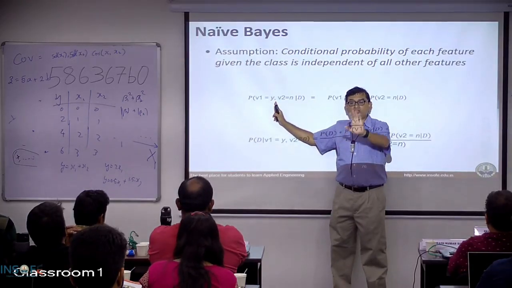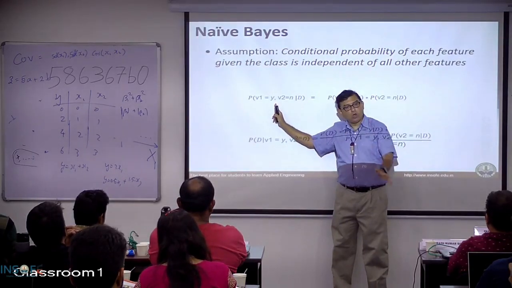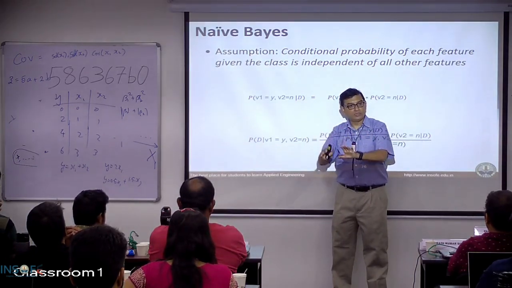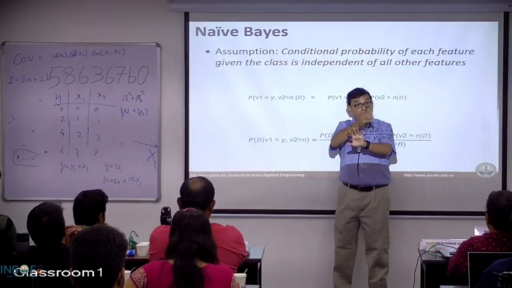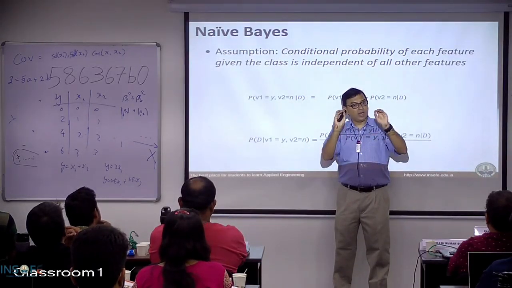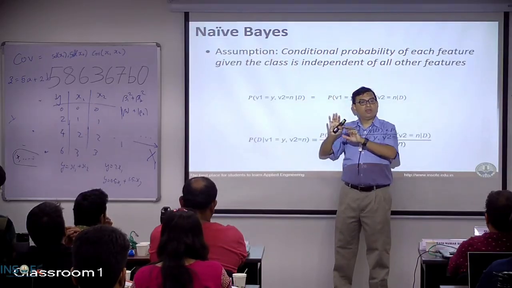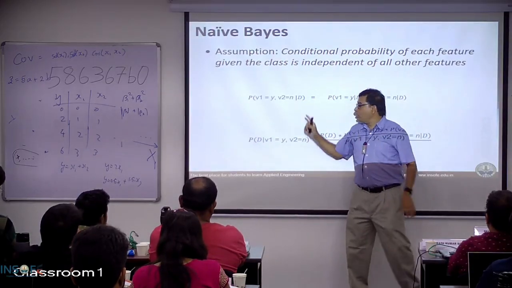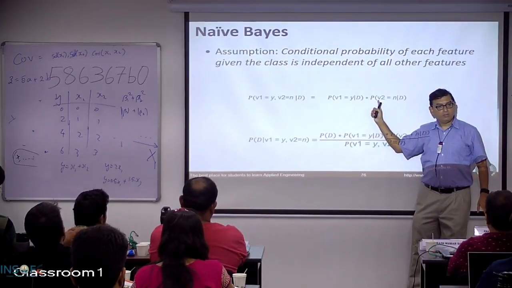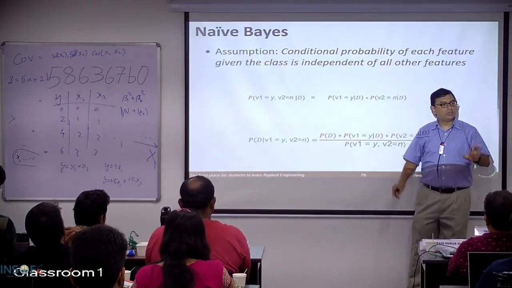Voting in 1 does not affect voting in 2. That's clearly wrong. People have some principles, even though you might not believe it. Voting in 1 has some dependence on voting in 2. That is there. But naive Bayes makes the assumption that they are independent. When they are independent, we know that the joint probability can be expressed as a product. This is the key assumption that naive Bayes makes.